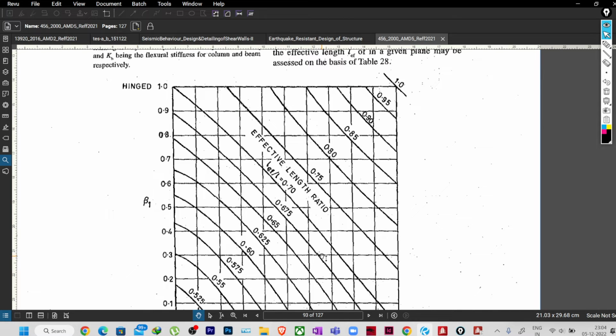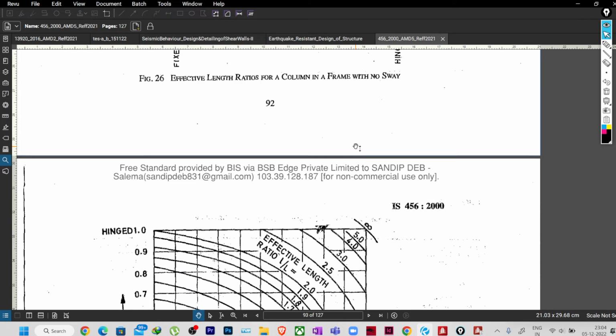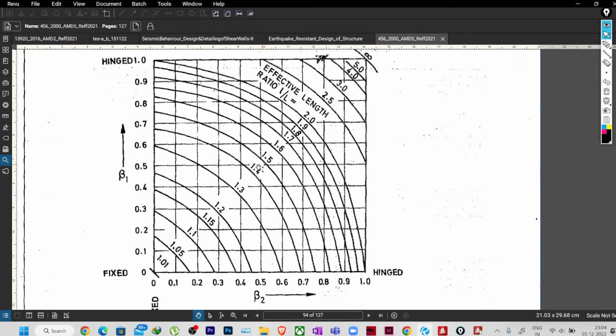If it is no sway, conservatively we can take directly 1. If it is sway, then we need to see which value we need to take from here. Because you can see it is up to infinite, so whenever you are getting any value which is infinite, that means your structure is not stable at all. So in that case we cannot provide the maximum value. We need to calculate it properly and assign it.